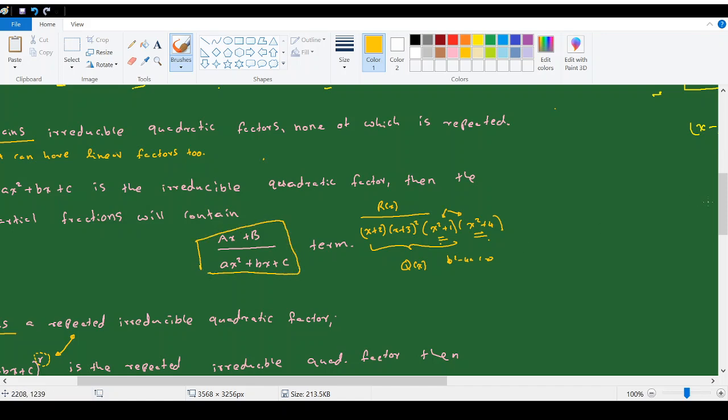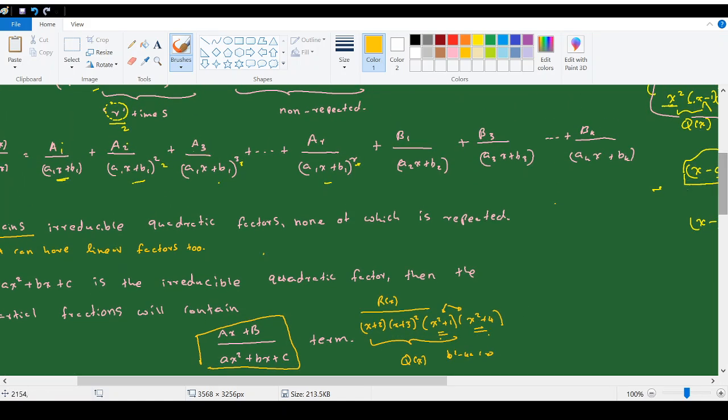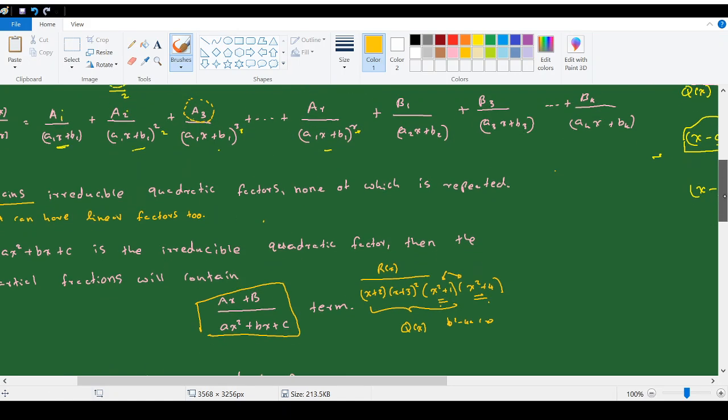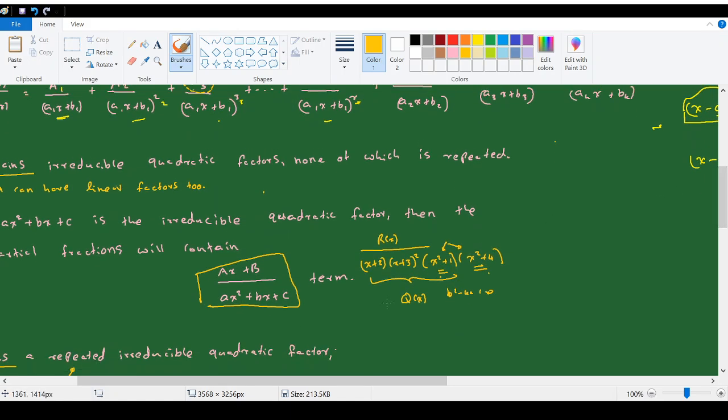See, in the previous case, when it is linear factors, we allocated just a number. So here A3, or all these capital A, capital B symbols represent numbers. But when you have a quadratic expression or a second degree expression, we allocate a first degree polynomial in the numerator. So this is the method that we adopt.